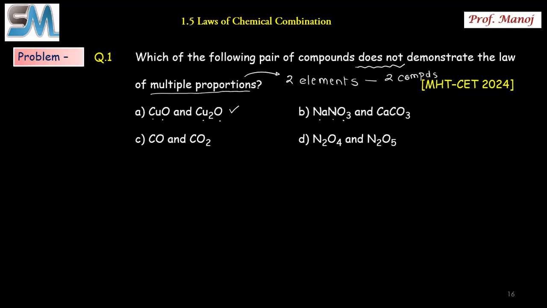Now comes the trouble. We have 3 elements over here. Calcium, carbon, oxygen. 3 elements. Plus, one is sodium, another is calcium. This definitely cannot meet the condition of multiple proportion. This is our answer. Just for the sake of checking, check the other ones. Carbon, oxygen, carbon, oxygen. Nitrogen, oxygen, nitrogen, oxygen. So all are going to fall in multiple proportion cases. Only this is not going to be allowed. So the answer is B.